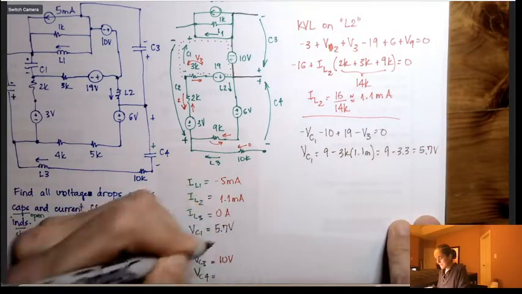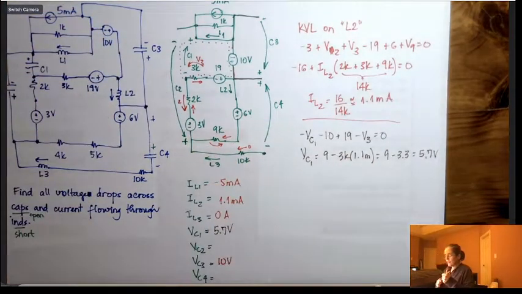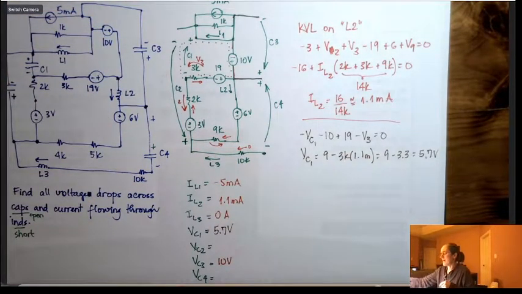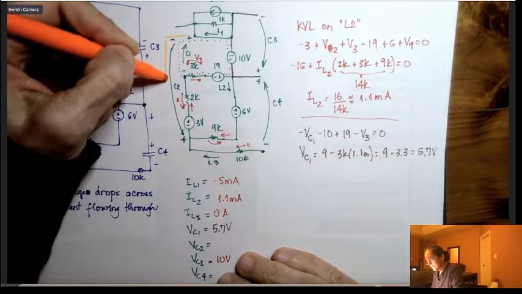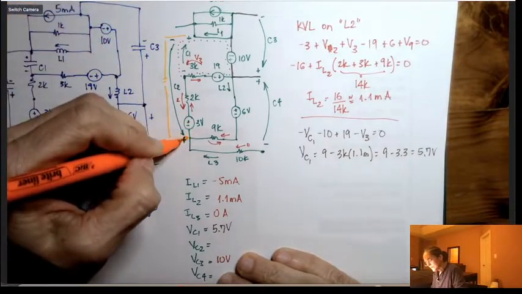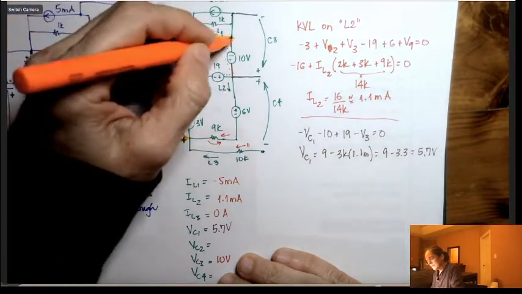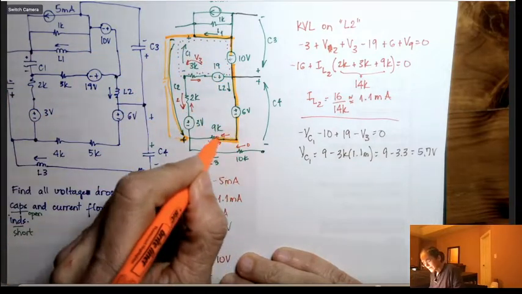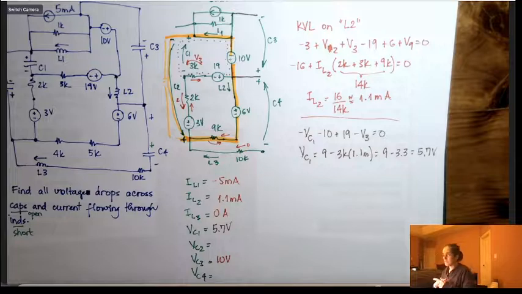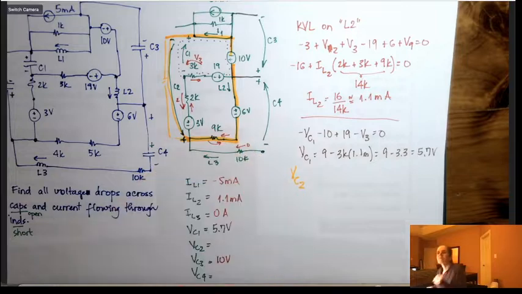Now let's try VC2. VC2 is this here. I'm going to change colors and go around with an orange highlighter first. So if I had that capacitor here, it would be here, this plus, and then I'm going to go around here, and then around the same, like minus 10 here, and then I have to get back to that. So this is my orange VC2.